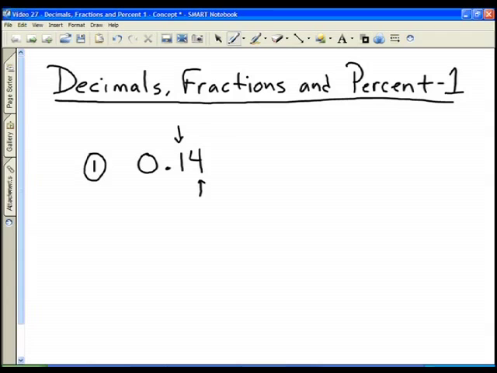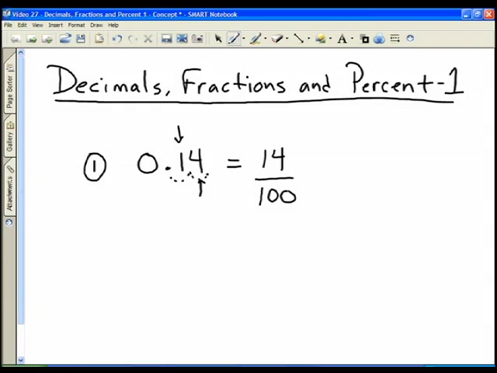So 0.14 can be written as a fraction, and that fraction would be 14 over 100. And it's 100 because there's two decimal places here. So 0.14 is equal to 14 over 100.